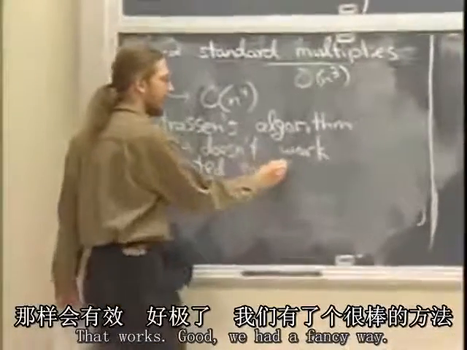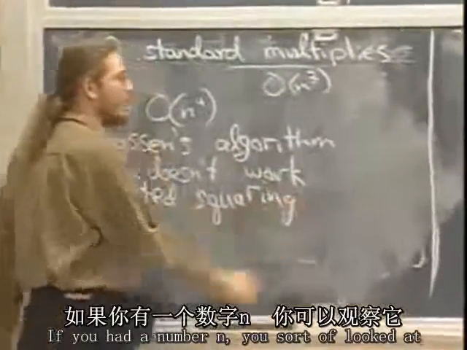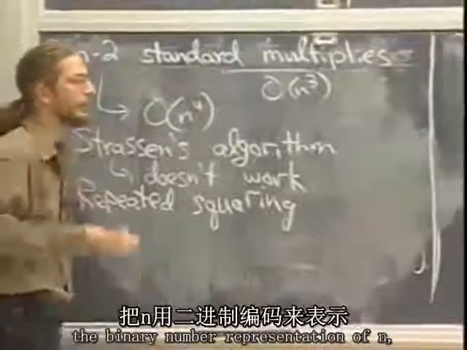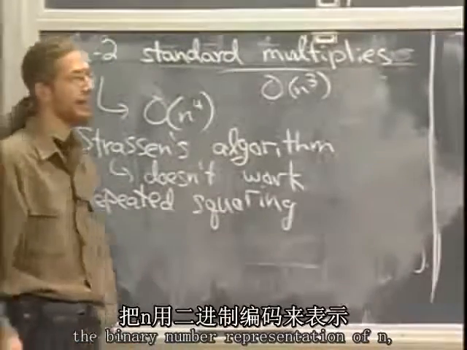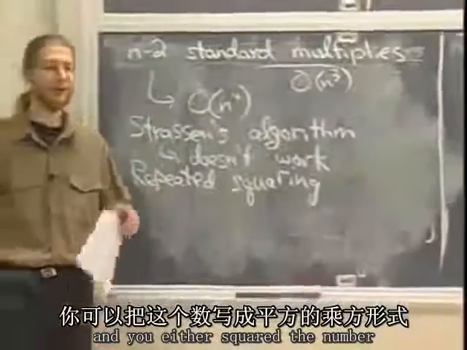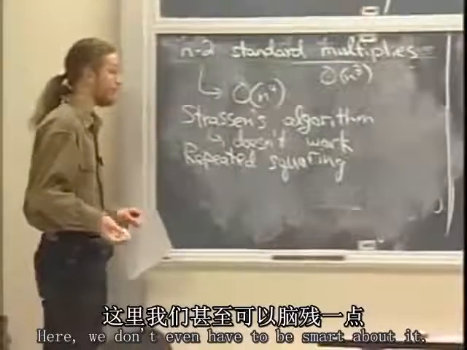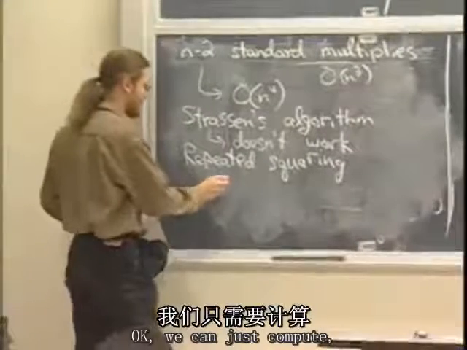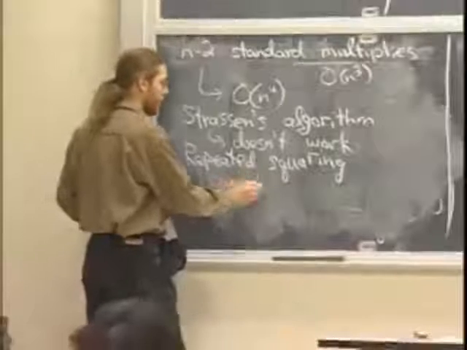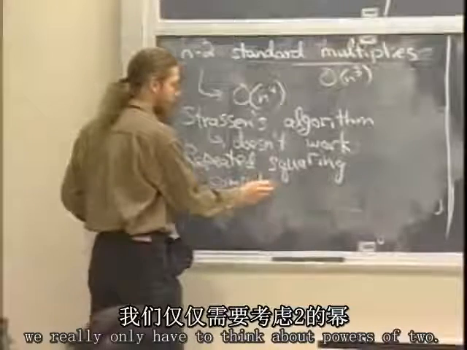Good. We had a fancy way: if you had a number n, you looked at the binary representation of n, and you either squared the number or squared it and multiplied by another factor of A. Here, we don't even have to be smart about it. We can just compute, and we really only have to think about powers of 2.